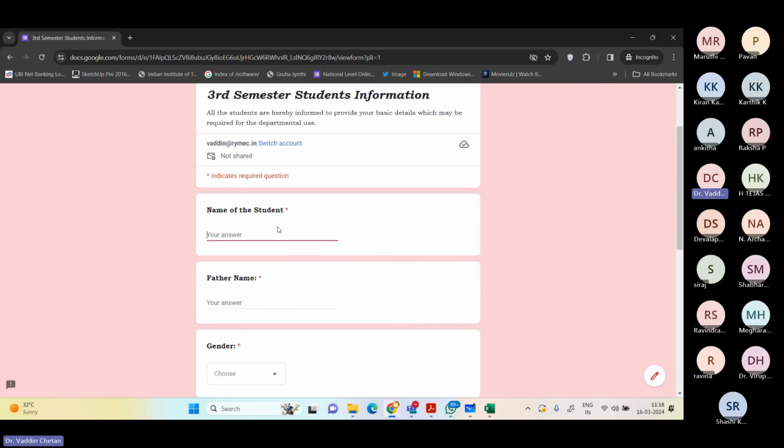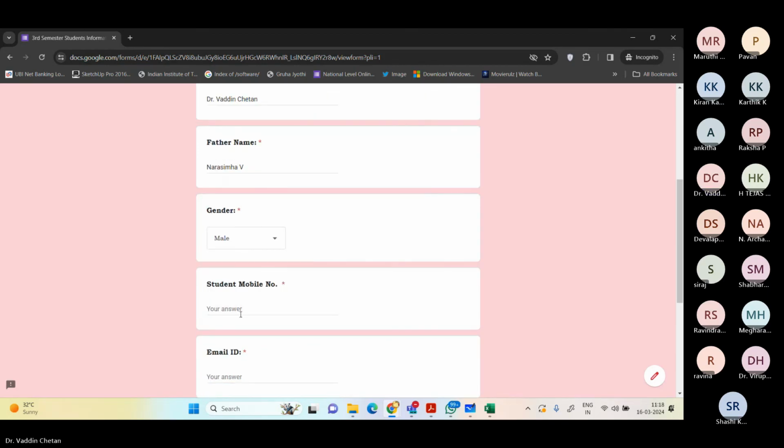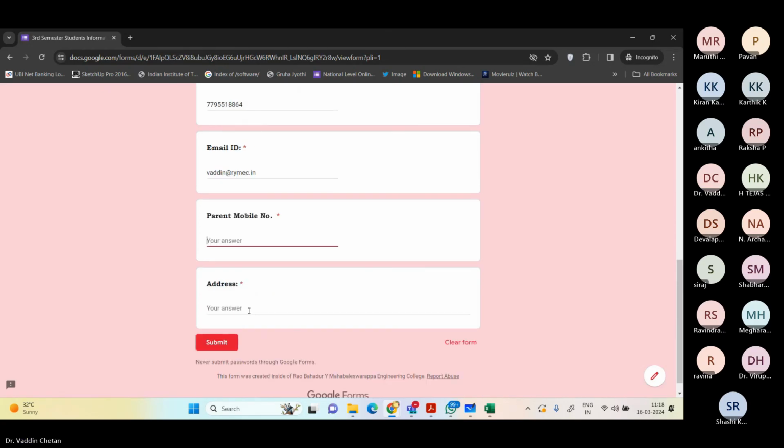So this has a name, you can give it. Response. You can give gender. You can give number. You can give email ID. You can give number. Right. Address, you can give.